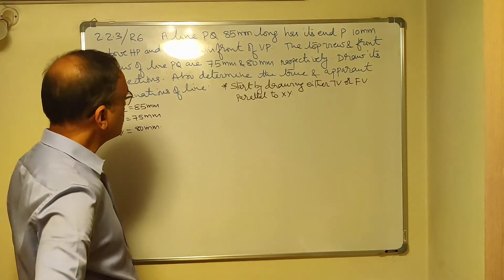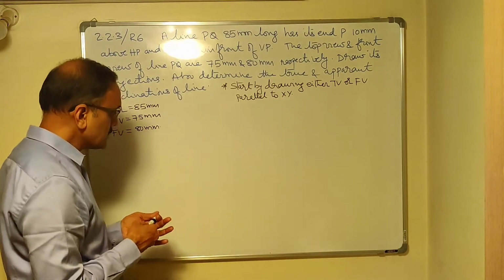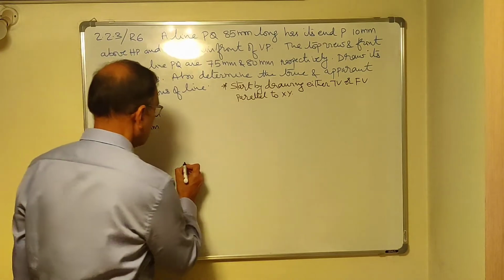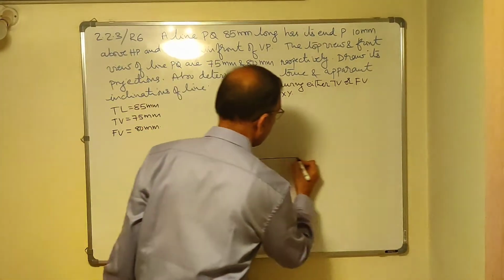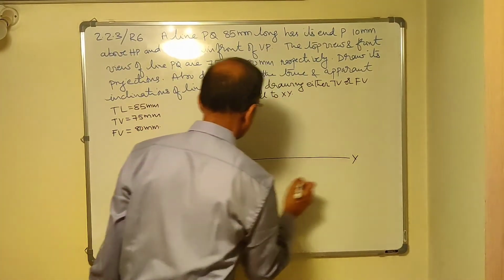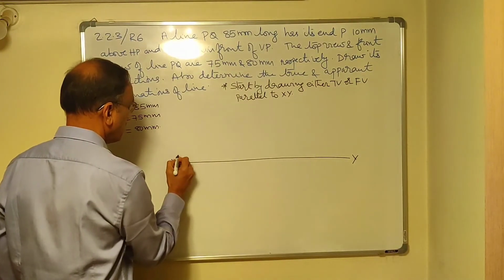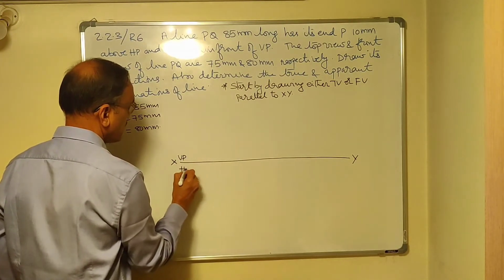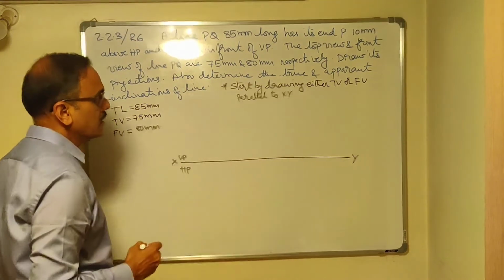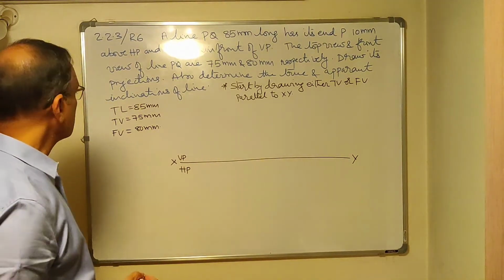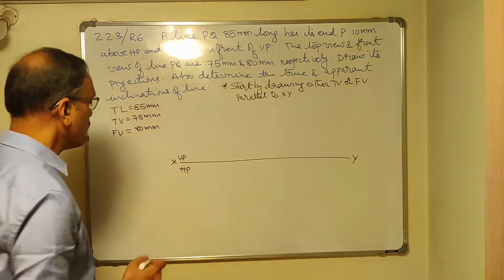So let us start with the XY line. First angle projection. Let us mark the end P first. 10 mm above HP, 15 mm in front of VP.